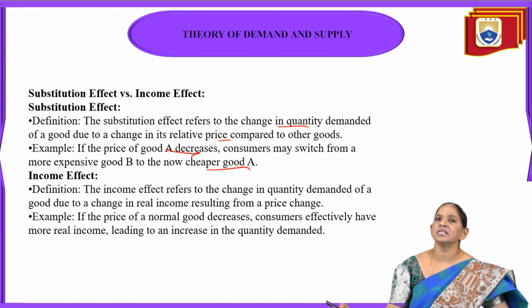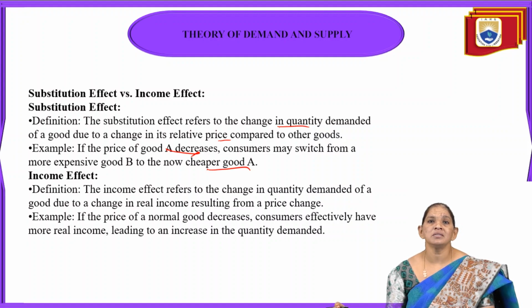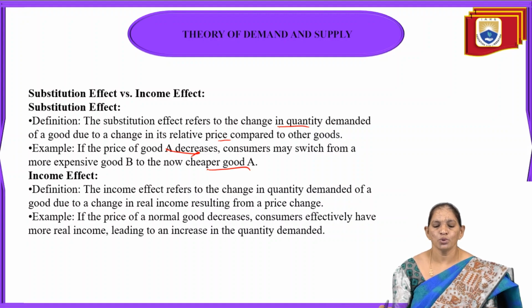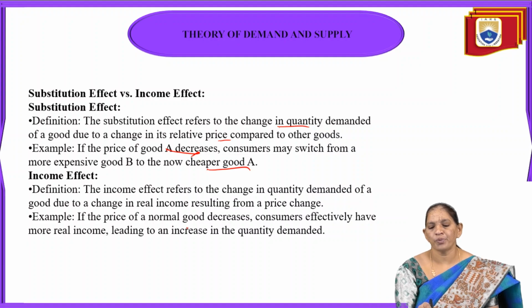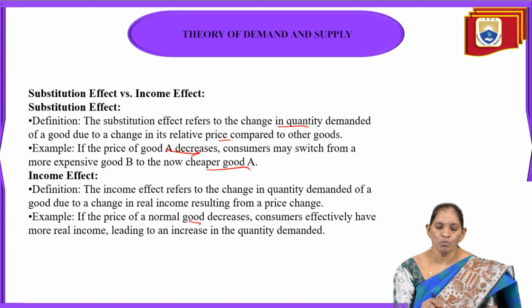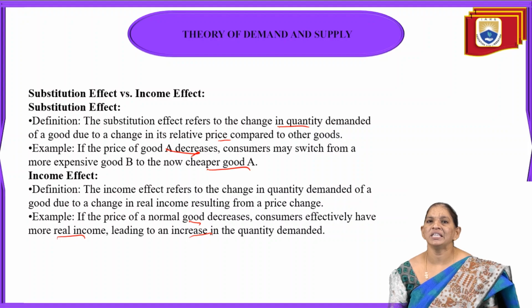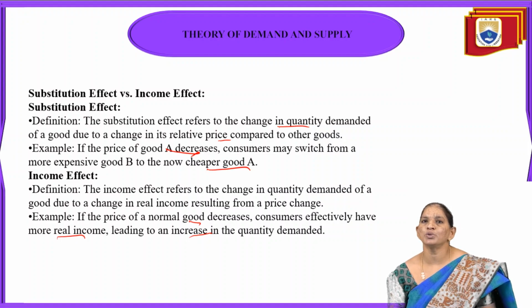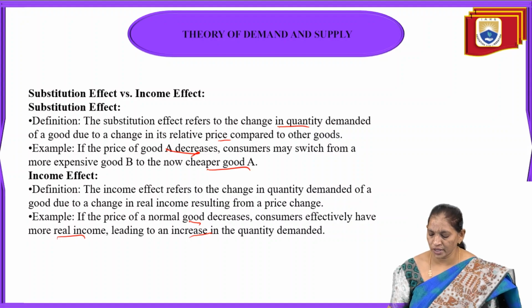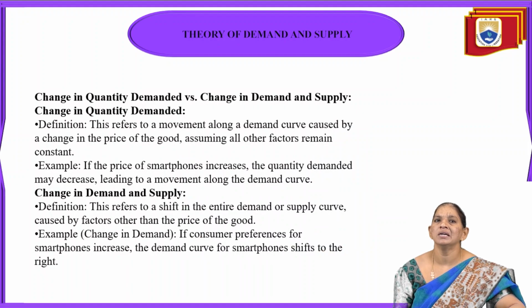Means price plays an important role in the substitution effect, where when the price increases, automatically the consumer switches to the less priced product. So if the prices of normal goods decrease, consumers effectively have more real income, which leads to an increase in quantity demanded. Means if normal goods' price decreases, the consumer will have more income and will purchase more of that quantity.